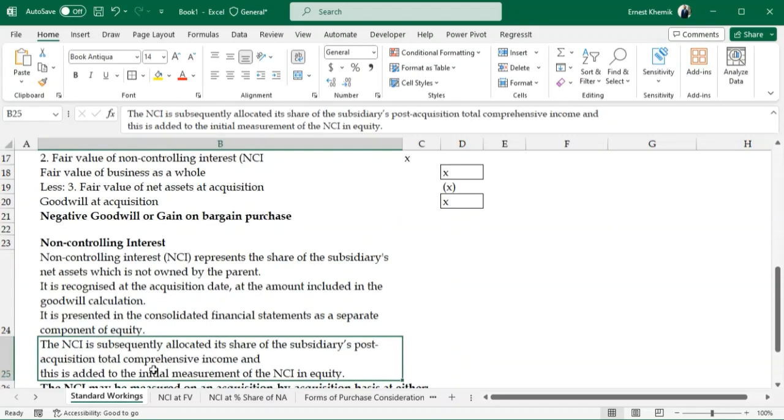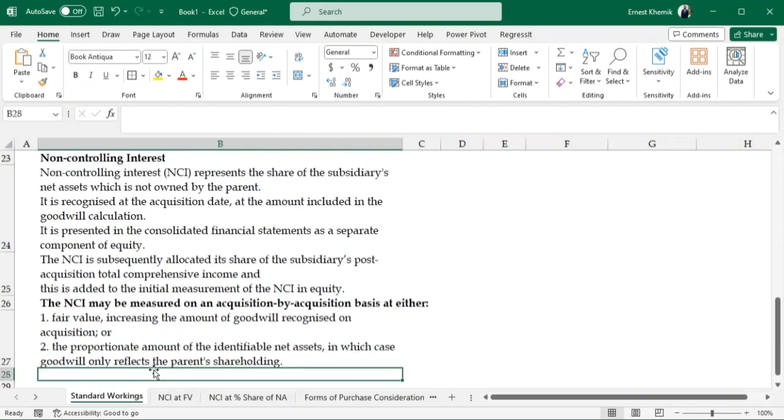Okay, now let's go to the non-controlling interest. Non-controlling interest, as I said, is the share of the subsidiary's net assets which is not owned by the parent. That share of the subsidiary's assets that is not owned by the parent, or it is that portion of the business that remains after the parent has acquired a proportion of the business.